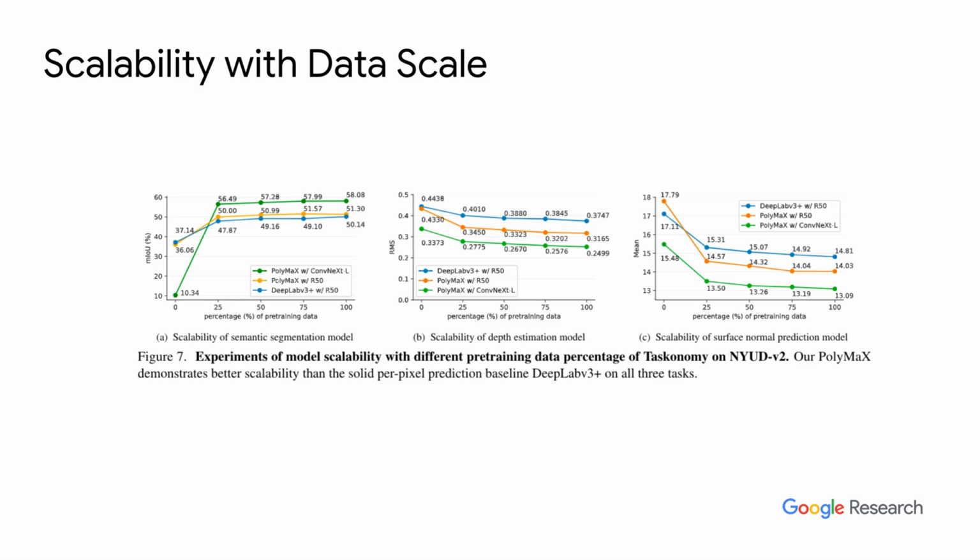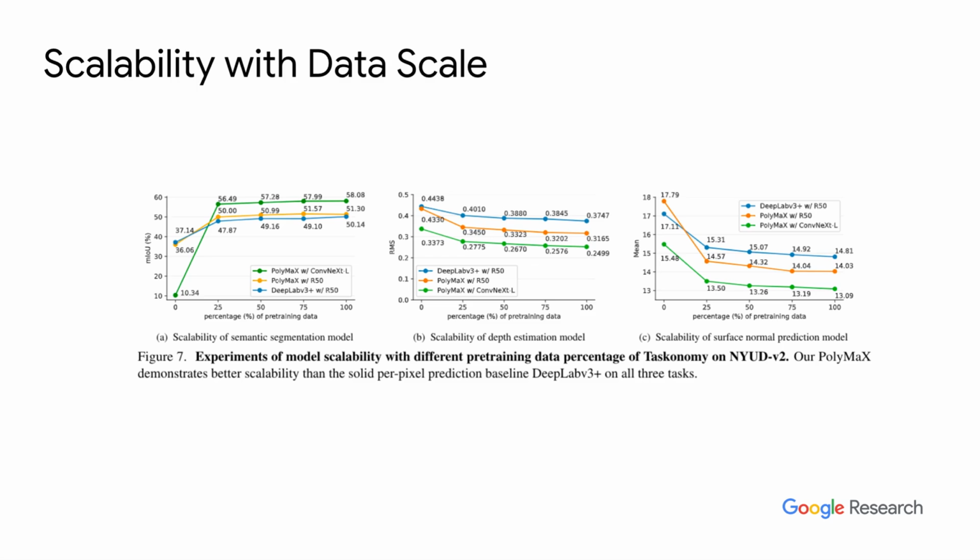Here is the scalability analysis for our model with different data scales. As you can see, when the pre-training data scale is low, the per-pixel prediction built upon DeepLab V3 outperforms the PolyMaX model, because the small-scale data cannot fully utilize the large capability of our proposed PolyMaX model.